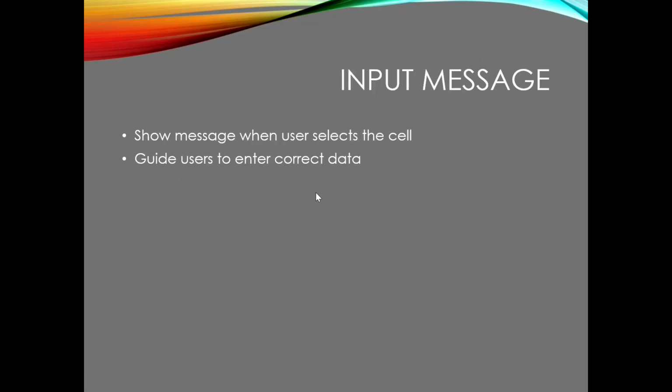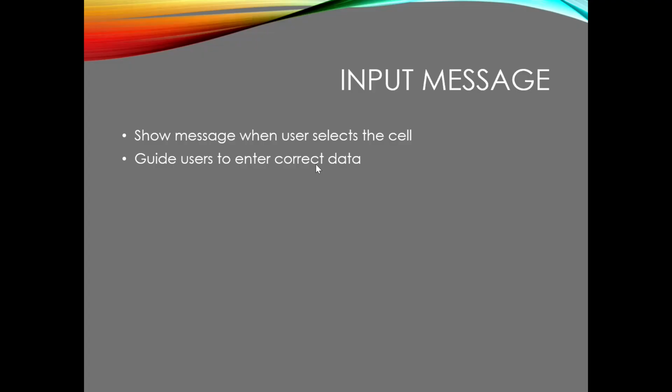Next, input messages. These are messages shown when users select the cell, to guide the user to enter correct data. Once we restrict the cell, it will guide the user on which kind of data can be entered, and you get a notification there.